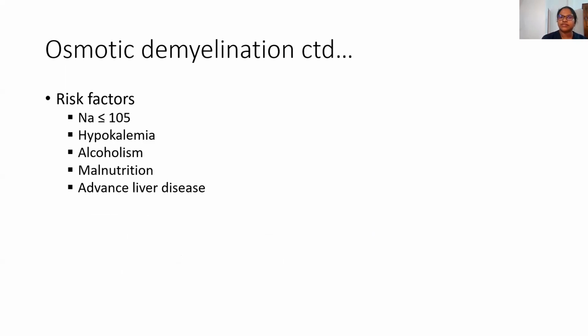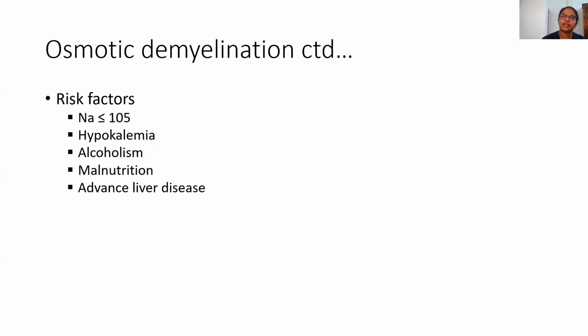So what are the risk factors for osmotic demyelination? It is said that if the patient's sodium level is less than 105, there's a 50% chance that the patient can develop osmotic demyelination. So when the sodium is less than 105, you have to be very careful and try to correct as slowly as possible, keeping the rate less than 8 millimoles per day rise in sodium levels to avoid this.